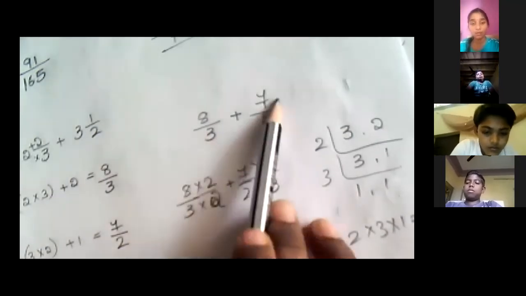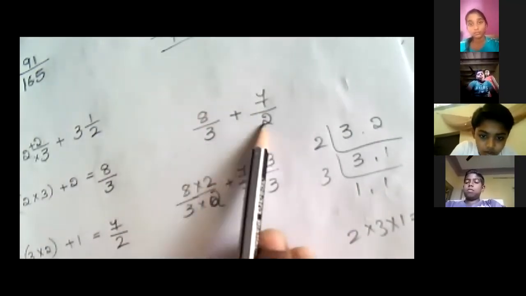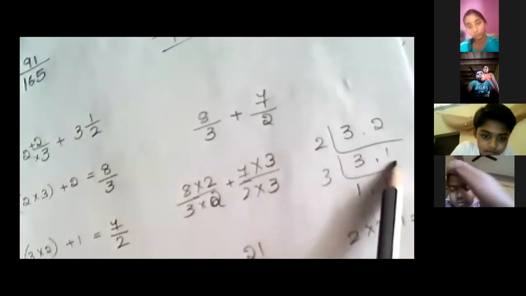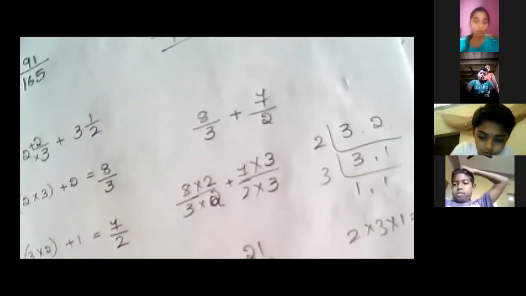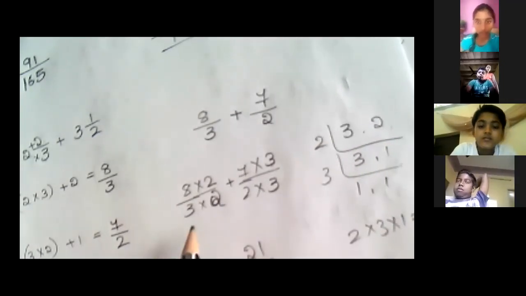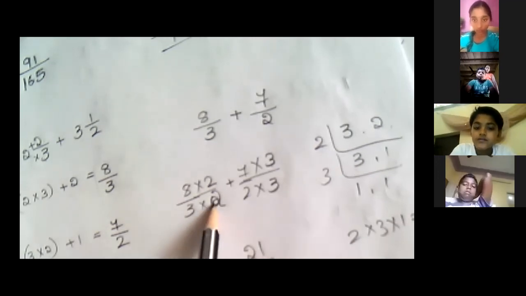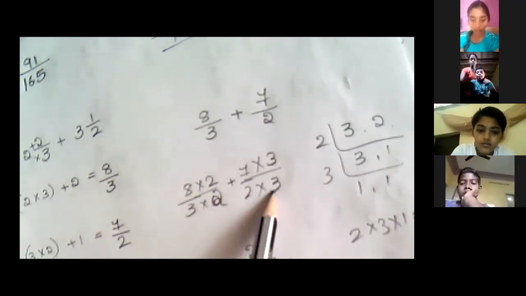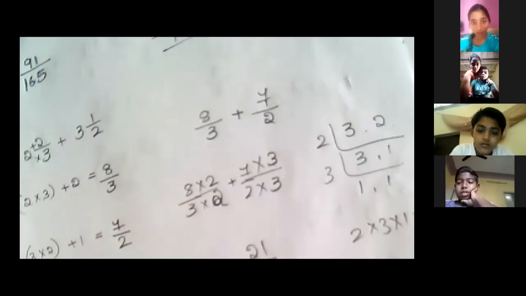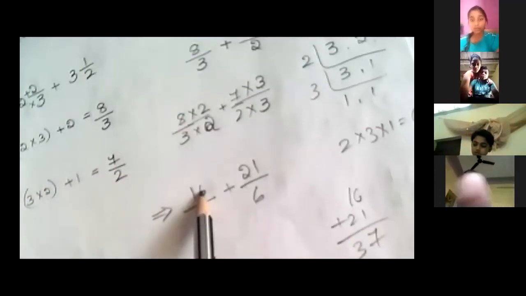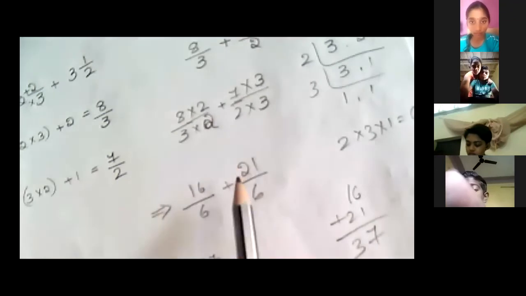I take the LCM of the denominators 3 and 2, which is 6. Now 8 2s are 16, 7 3s are 21. When we add 16 plus 21, I will get 37 upon 6.